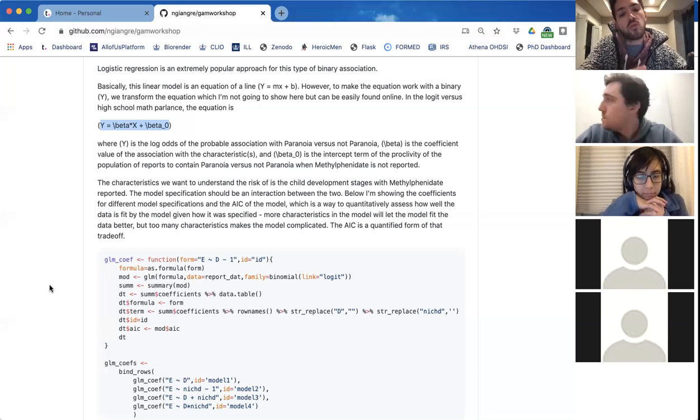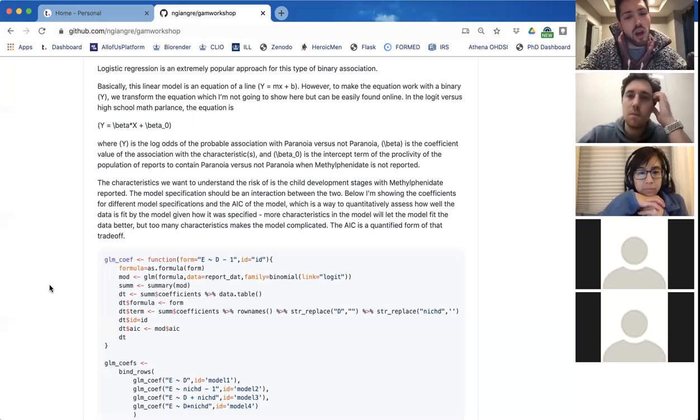So the more characteristics or more beta values we have in the model, the better it will fit the data. But too many characteristics make the model very complicated, and so the AIC is the quantified form of that trade-off, basically.